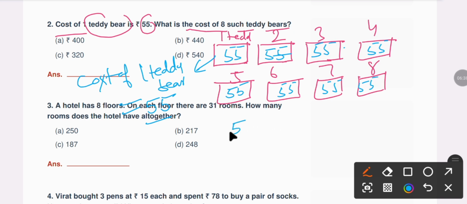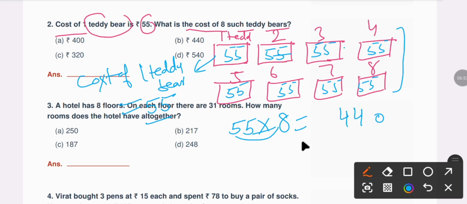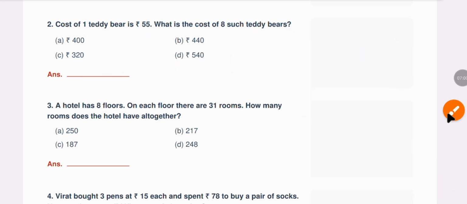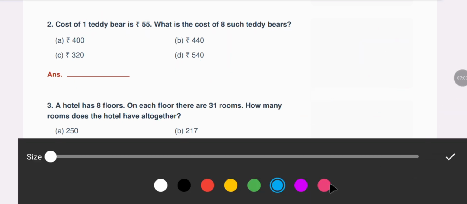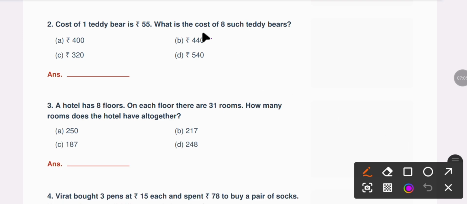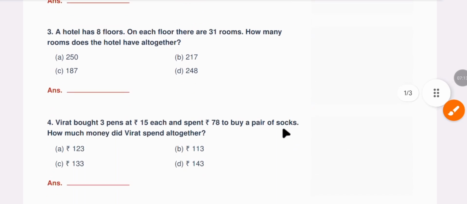So 55 is repeated how many times? 8 times. 8 fives are 40, 8 fives are 40 and plus 4, 440. So the correct option is B, 440 rupees.